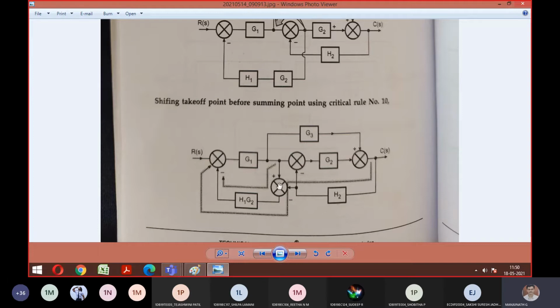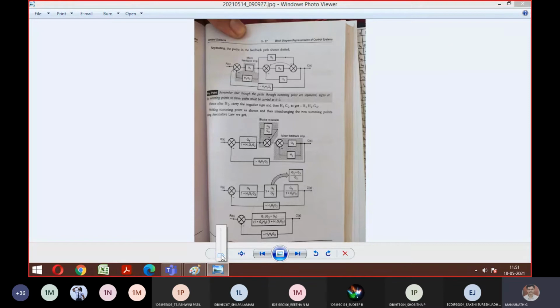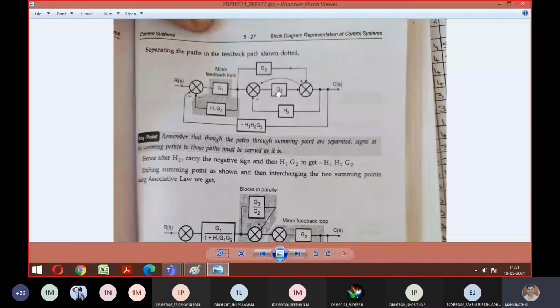Look at the summing point. This summing point is connected to H1, G2, and similarly H2 also. Be very careful, there is a minus symbol here. Because of this minus symbol connection, I have traced one more outer path. So how does it look? It looks like this. Look at things carefully and tell me if you have doubts.